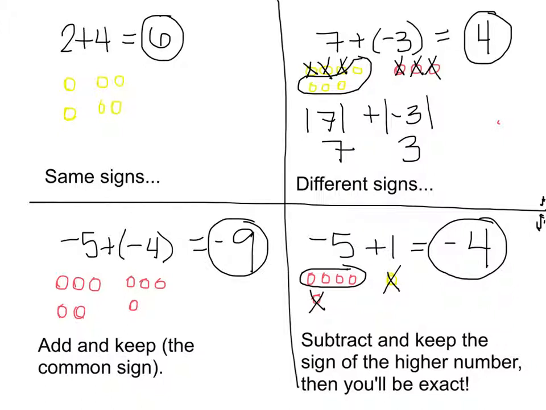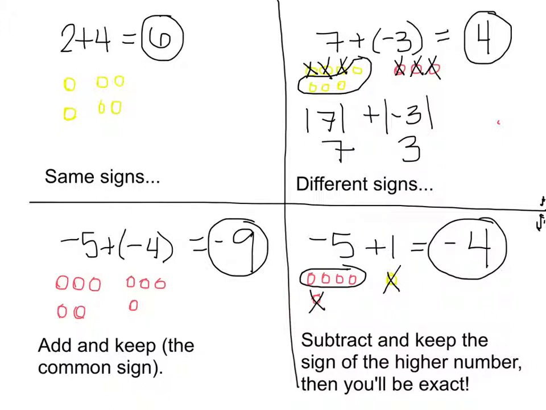Since the absolute value of positive 7 is greater than the absolute value of negative 3, your answer is going to be positive. If you look down at negative 5 plus 1, you'll notice that the absolute value of 5 is 5, and the absolute value of 1 is 1. So in negative 5 plus 1, our answer is going to end up being negative because we have more soldiers on the negative side, so we'll have some survivors.